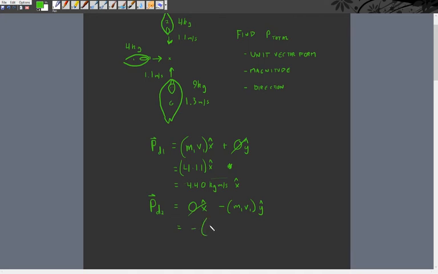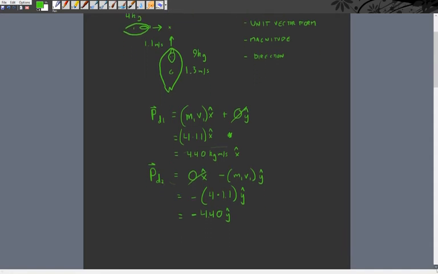Minus 4 times 1.1 in the y-hat direction, which is equal to minus 4.40 y-hat. So duck 2's overall momentum is negative 4.40 in the y-hat direction. Duck 1's overall momentum is 4.40 in the x-hat direction. They have the same magnitudes because they're the same size and they have the same overall speed, but they have totally different directions. So their momentums are not the same.